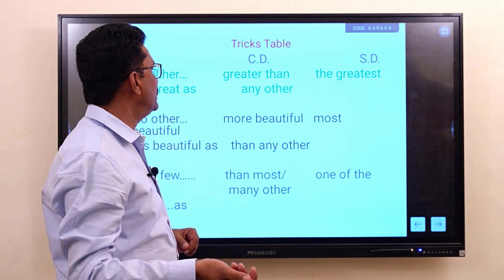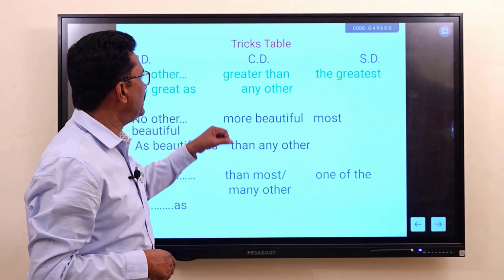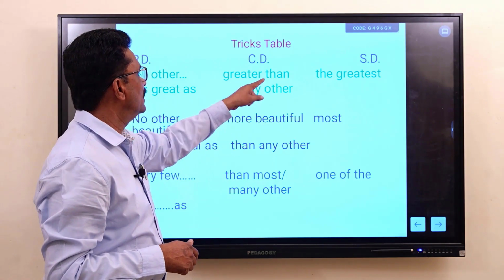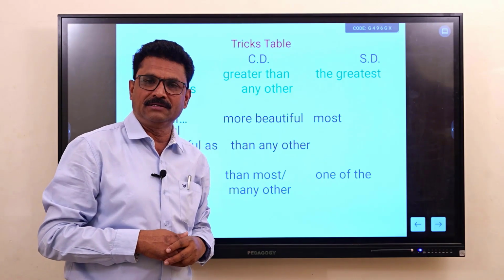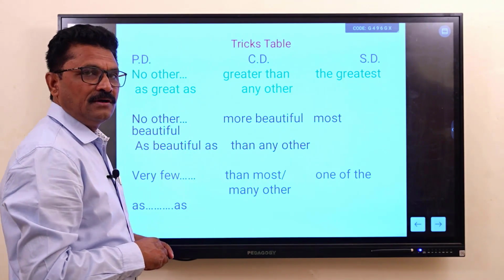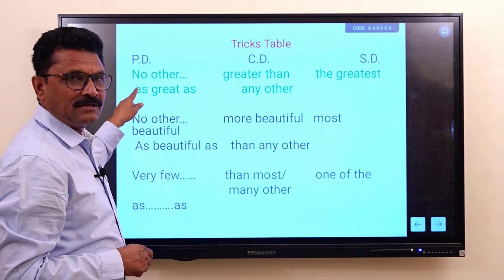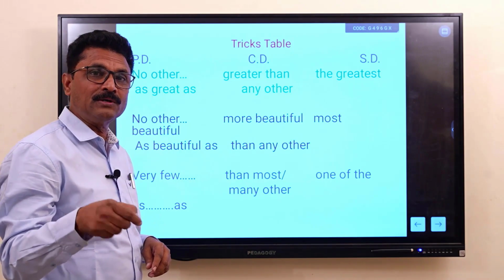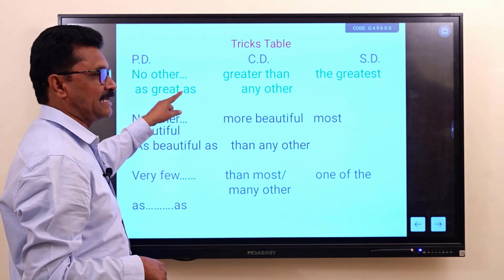So in a comparative degree, we can add the er participle for that adjective, and then we can use than any other in comparative degree. So in positive degree, we start with no other, and then we use the root adjective in as.